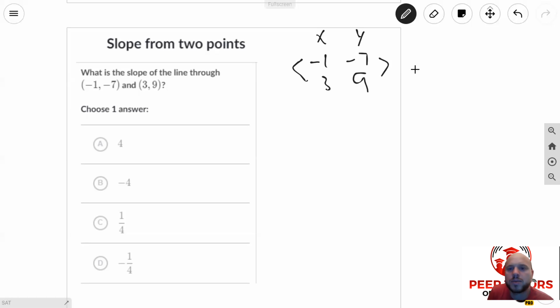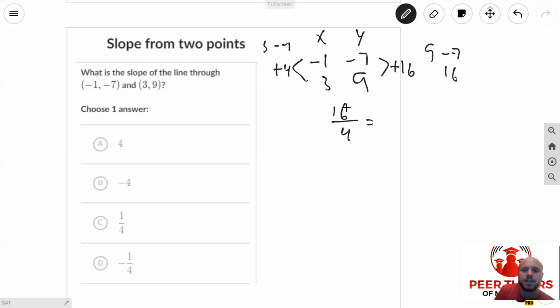To get from -7 to 9, you have to add 16. It's quite a jump. And then to get from -1 to 3, I'd have to add 4. So my slope would be 16, the vertical, over 4. But see, that's simplified. 16 divided by 4 is 4. So the answer is 4.